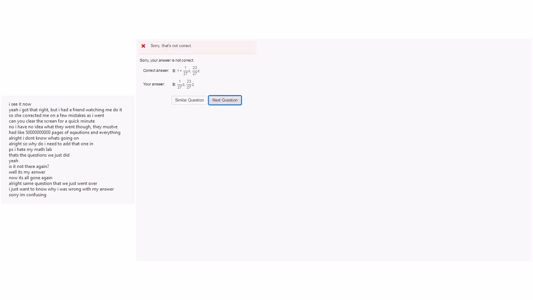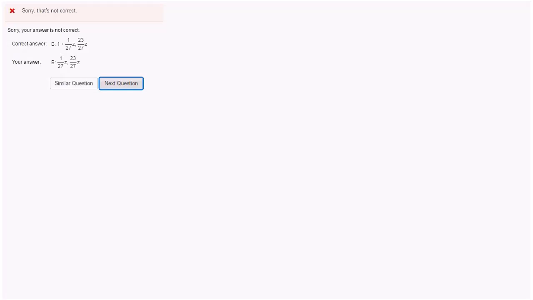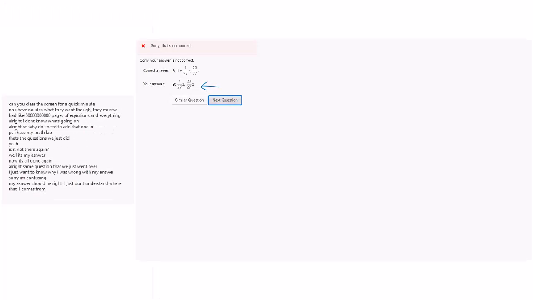Oh, the 1 plus 1, what, 27z. TJ, why is it? Because that's what you put in is what we got, which is this right here. That was our answer, and it was 1 over 27z and 23 over 27. So we seem to have gotten the y value, but our x value is not correct.